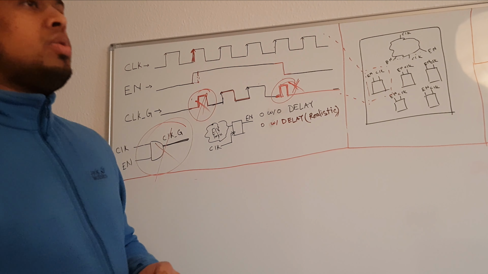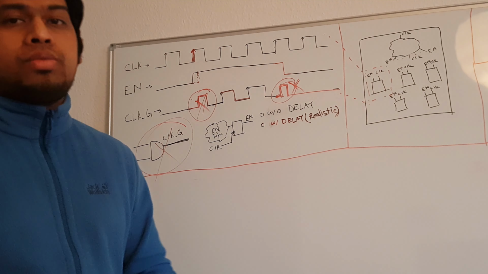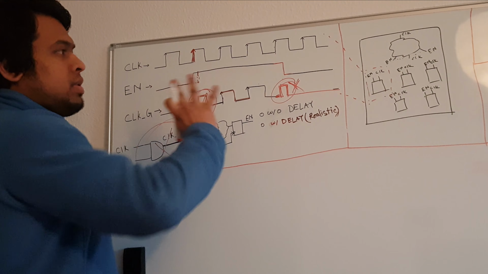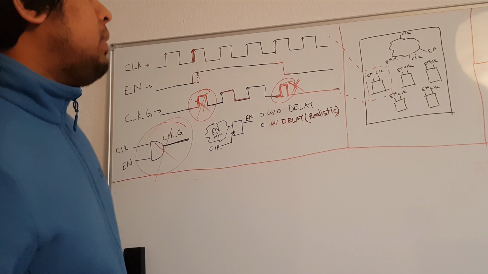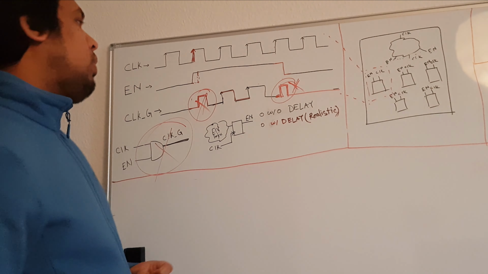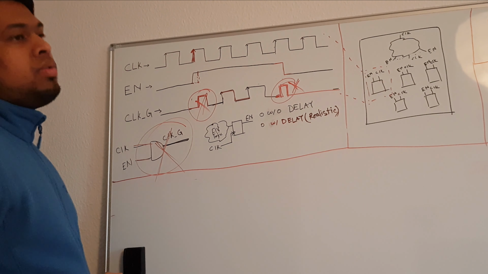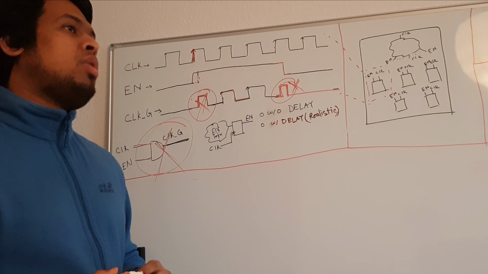So they will have a very hard time doing the timing sign-off for this project. And this is one of the reasons. I'm maybe oversimplifying it, but in general this is one of the reasons why this kind of AND gate clock gating is not really good to have in your design.